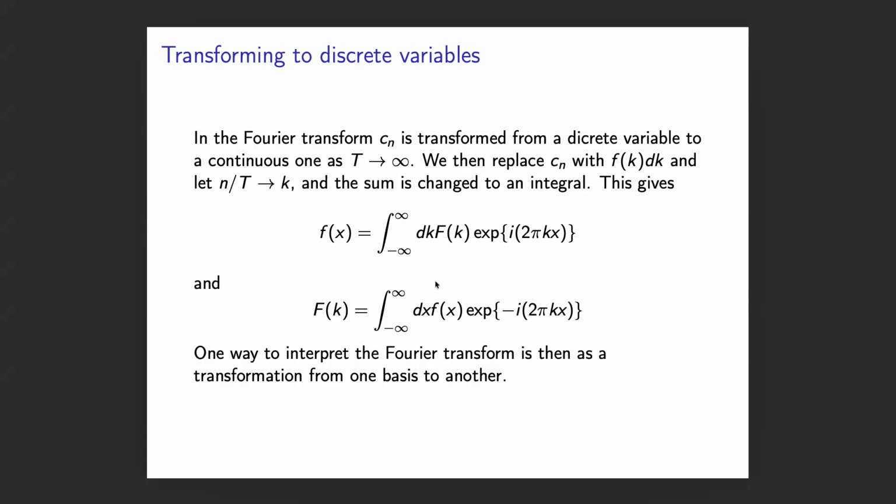And that gives us this expression here. One way to interpret the Fourier transform is as a transformation from one basis to another one. You will see that explicitly when we switch to discrete Fourier transforms, that this is just going to be a unitary transformation from one basis to another.